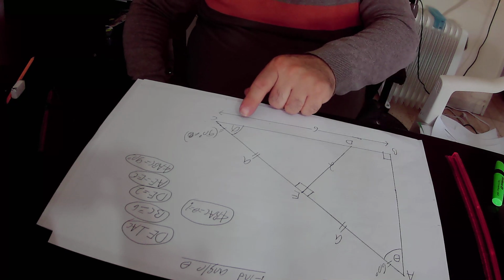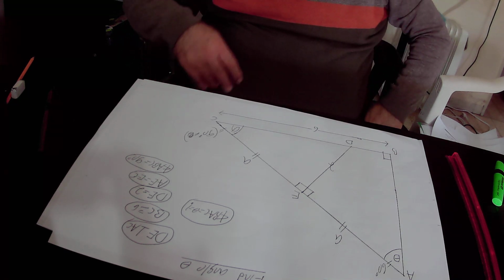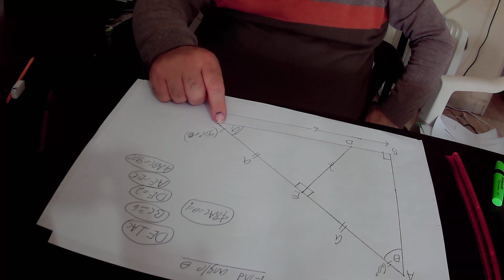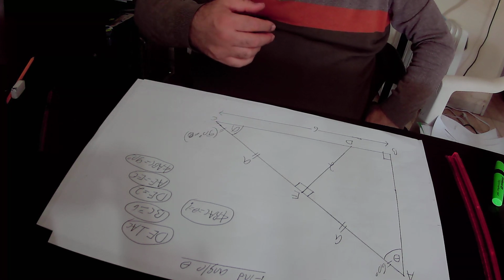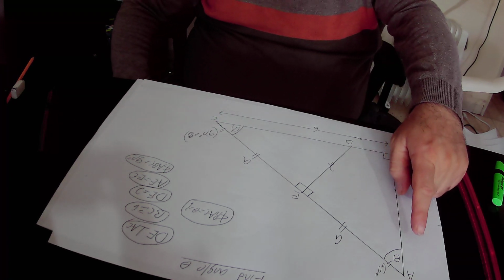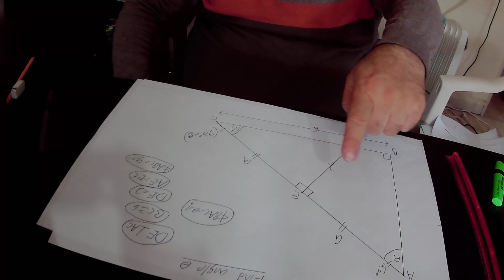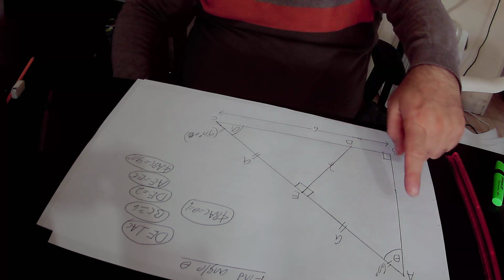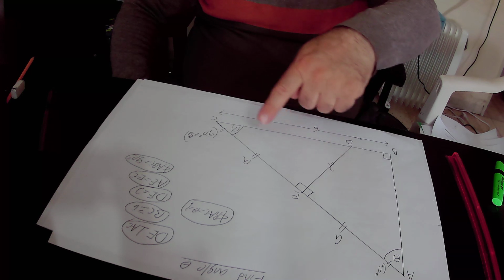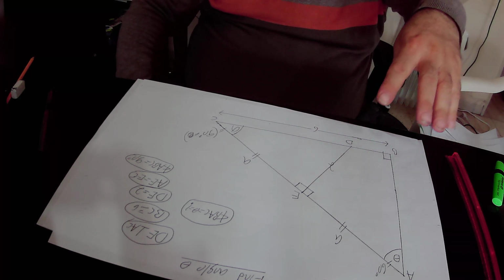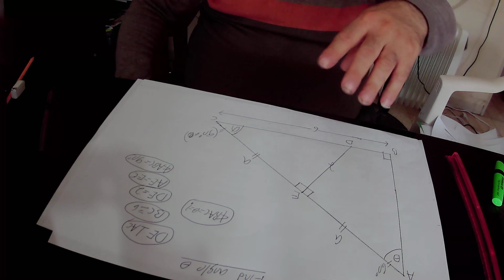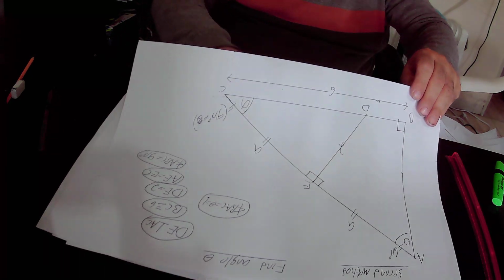Here we define this angle as alpha, so this angle must also be equal to 90 degrees minus theta, according to what we already found in the first method. We defined AE as A, so if AE equals A, then EC must also equal A. I copied the right triangle ABC in a new page and we analyze it.